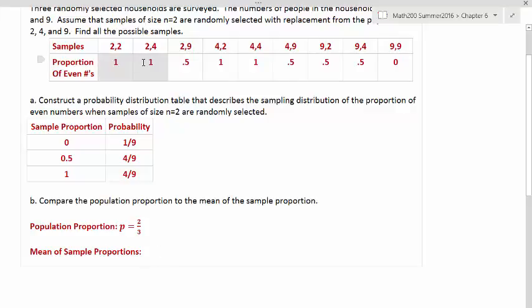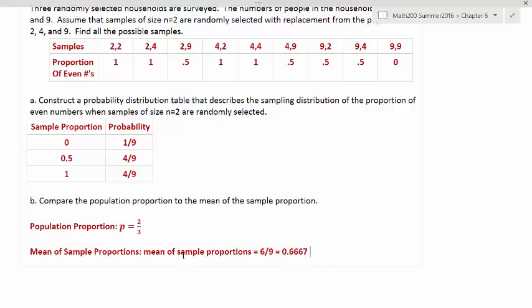We have 1 plus 1, that's 2, 3, 4, and then we'll count the halves. That's 5, and then that's 6. So the mean of the sample proportions is equal to 6 out of 9 possibilities, which simplifies to 2/3, or 0.6667.